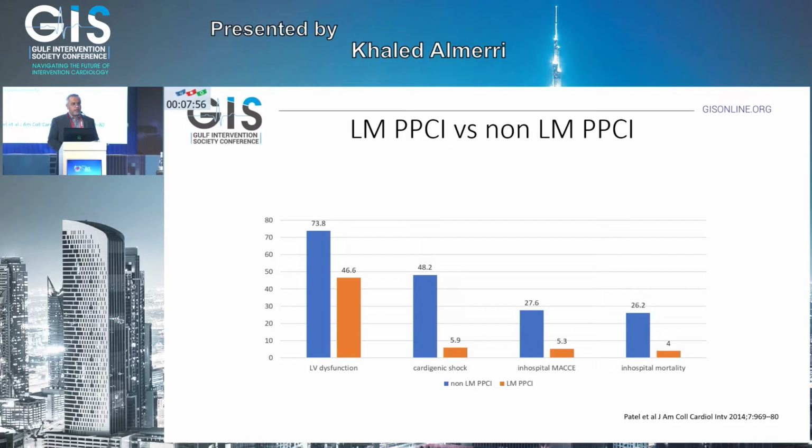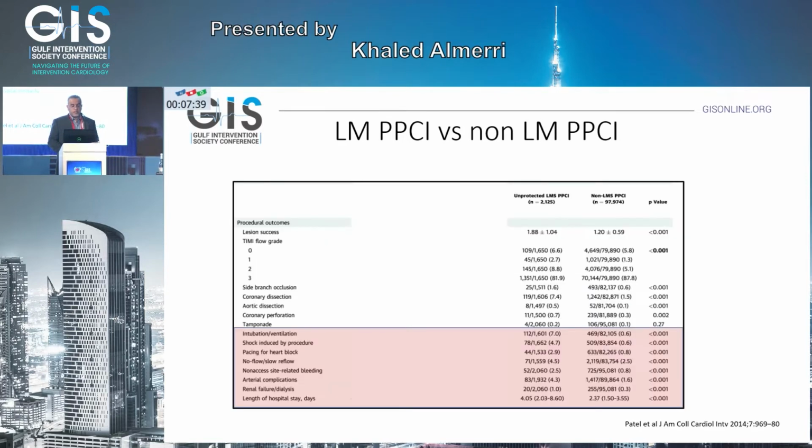If we compare left main patients to non-left main patients with ST elevation MI going for primary PCI, left main patients, as we have seen in the previous slides, have more LV dysfunction, more cardiogenic shock, and more MACE and in-hospital MACE.